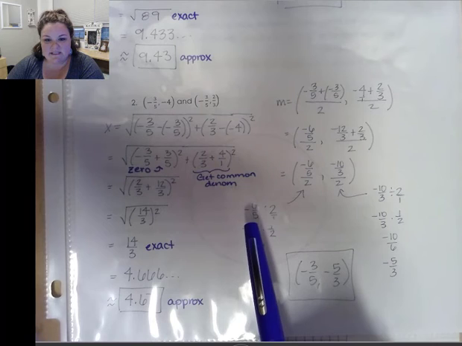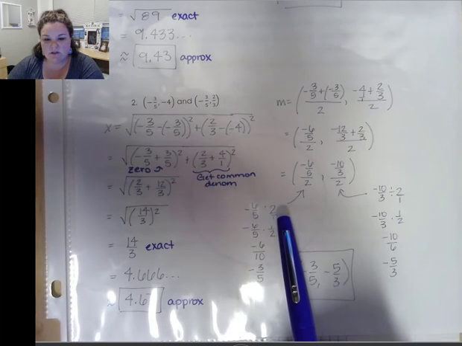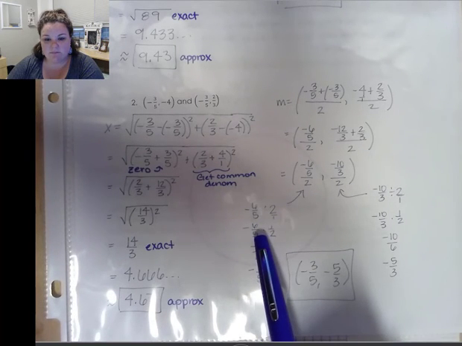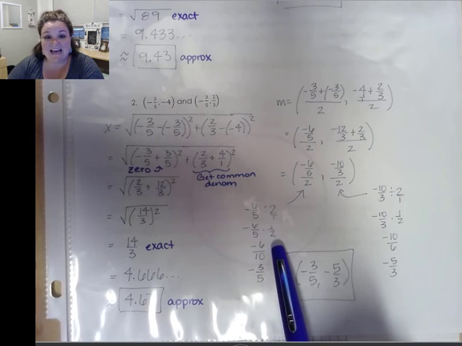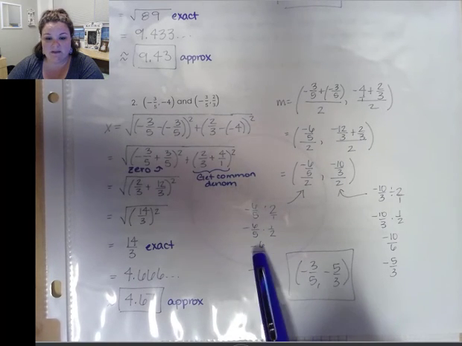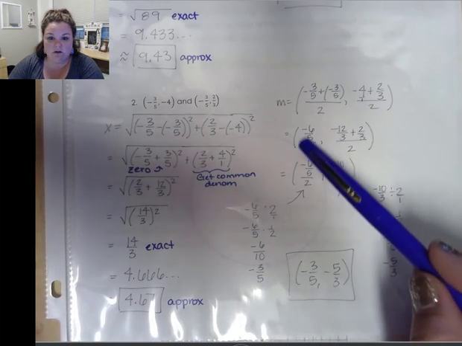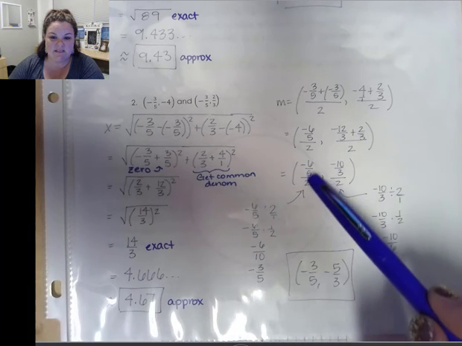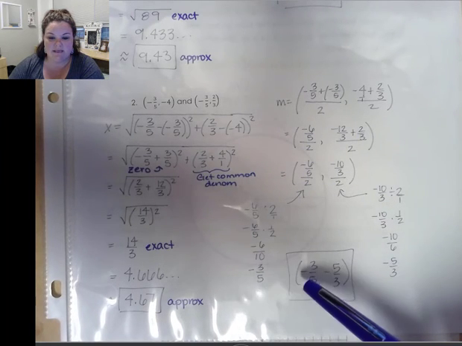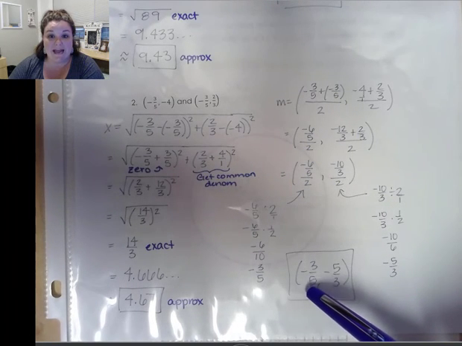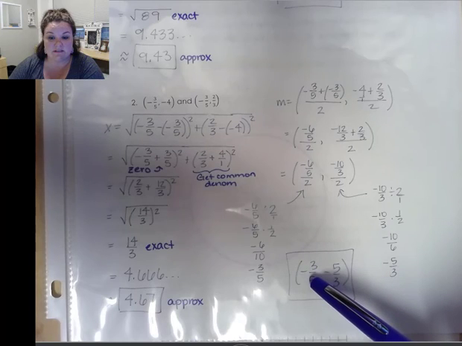All right, so -6/5 divided by 2. I flip the 2 and multiply, so that gives me -6/5 times 1/2, which becomes -6/10, which then I can reduce to -3/5. So this whole first coordinate, this is me simplifying it down to figure out that our midpoint x value is -3/5.